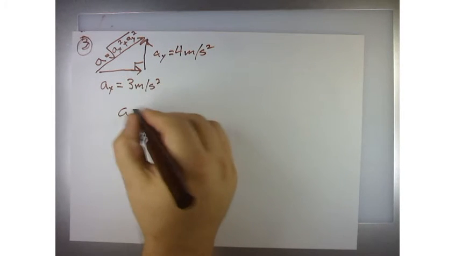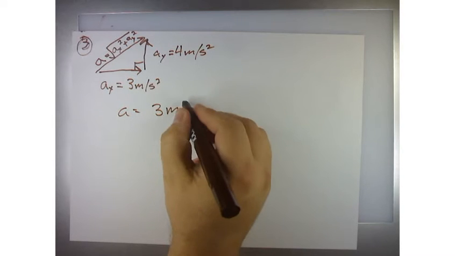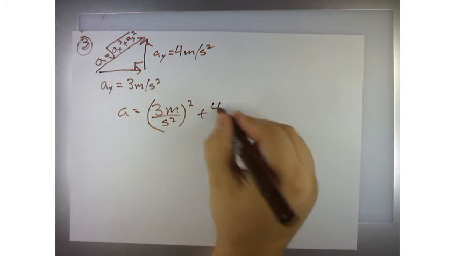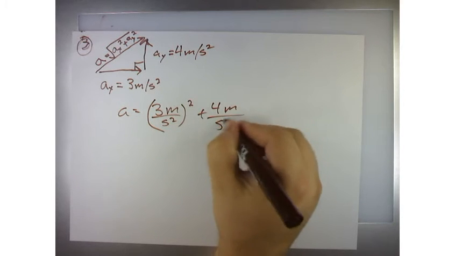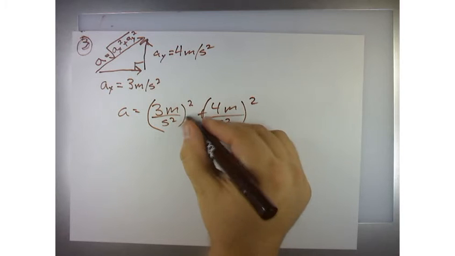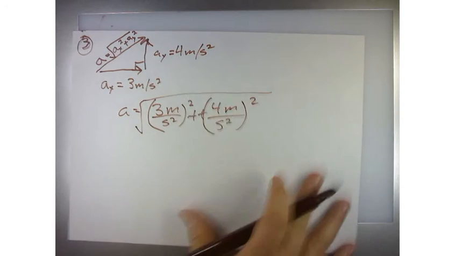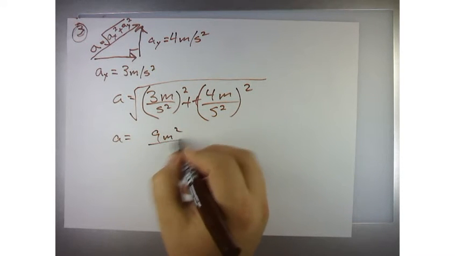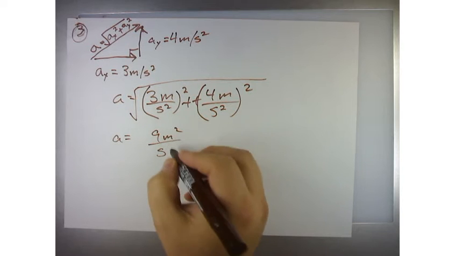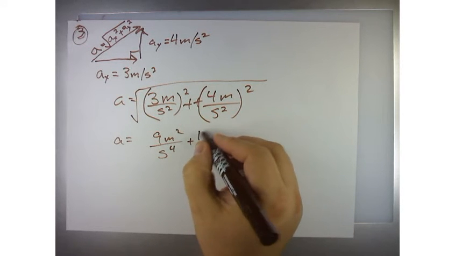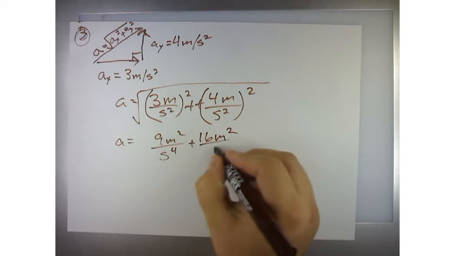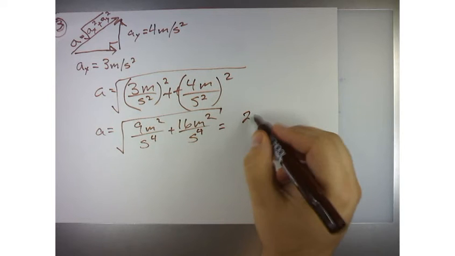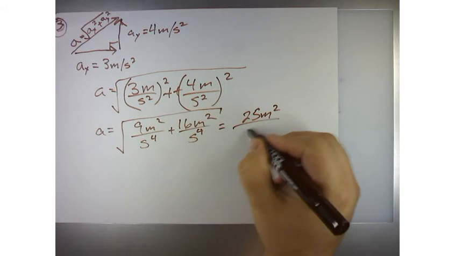A is equal to the square root of 3 meters per second squared, squared, plus 4 meters per second squared, squared. So in the next line, I'll have 9 meters squared over s to the fourth plus 16 meters squared over s to the fourth, and that would be 25 meters squared over s to the 4th.